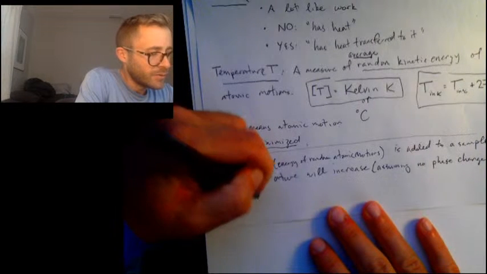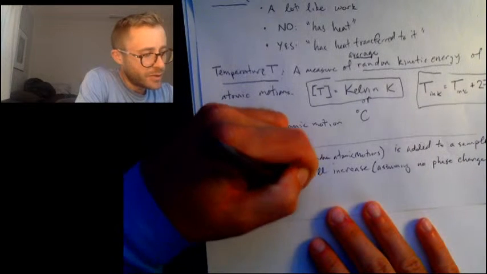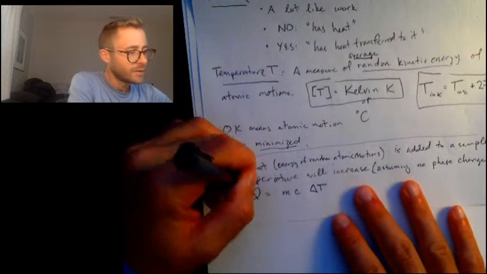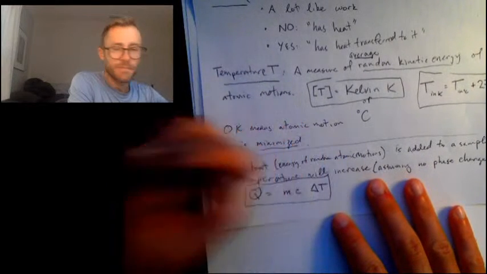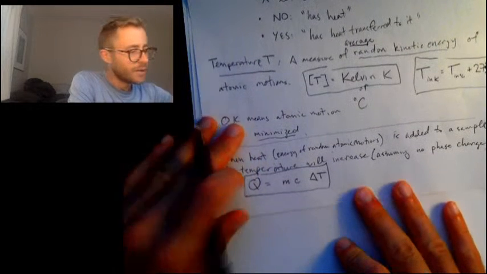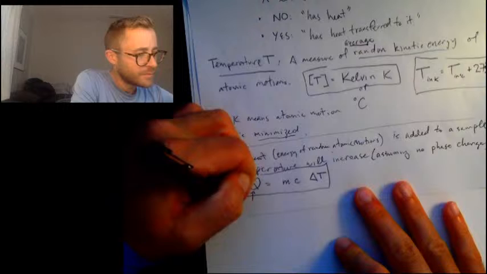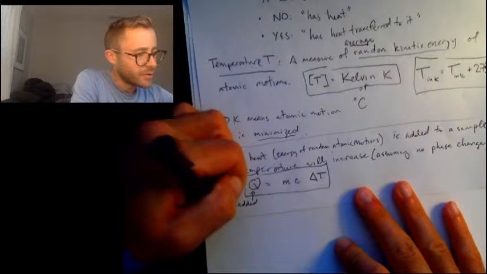Q equals mc delta T. So this is our main equation for today. So Q is the heat added to the sample.